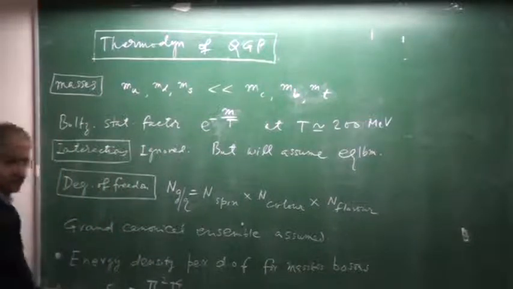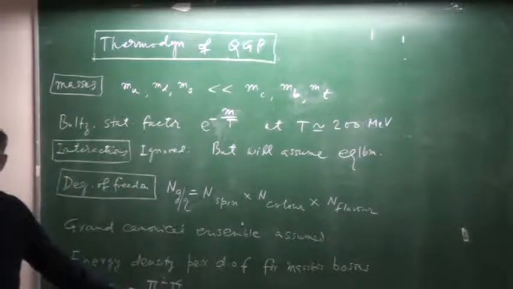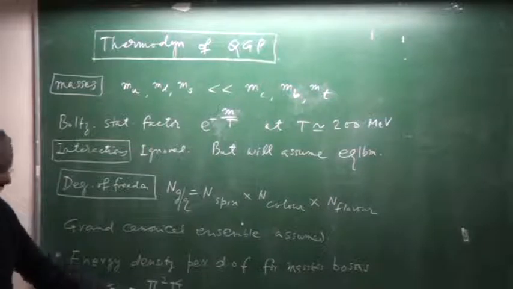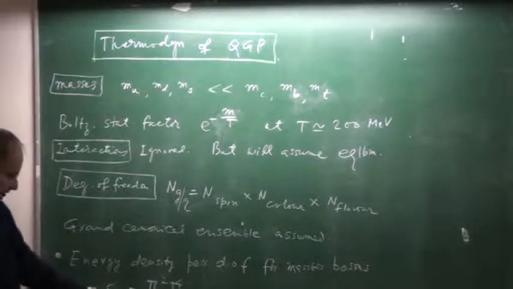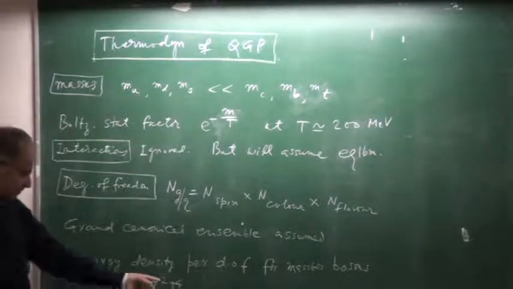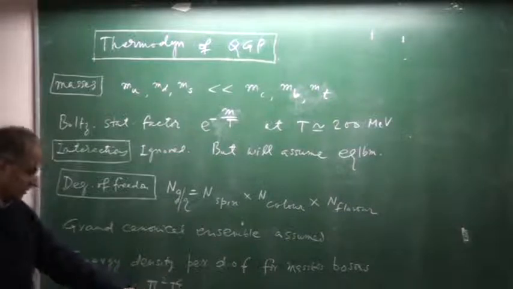Have you done this in some of the courses? Epsilon B is pi squared T to the fourth upon 30 per degree of freedom.